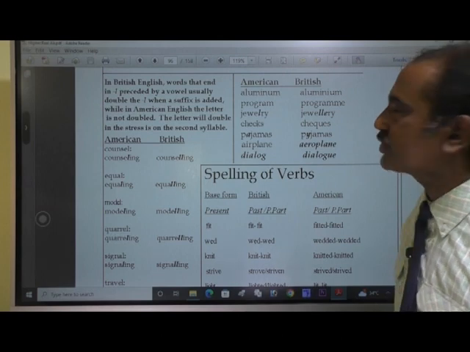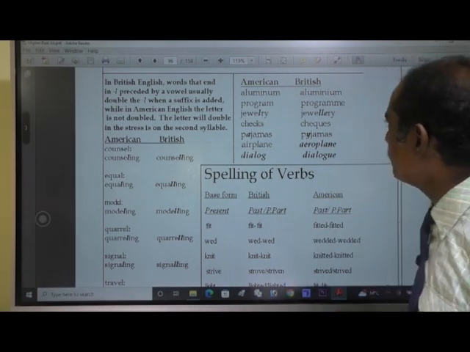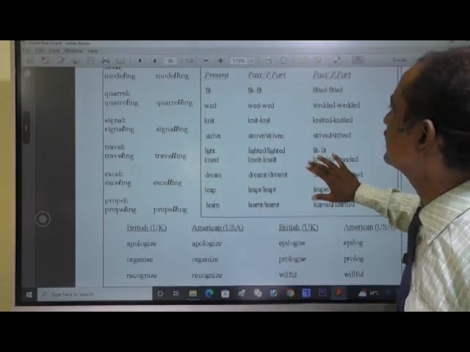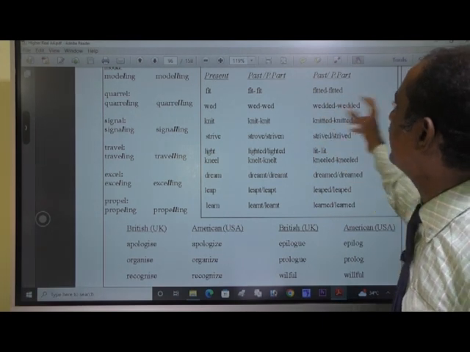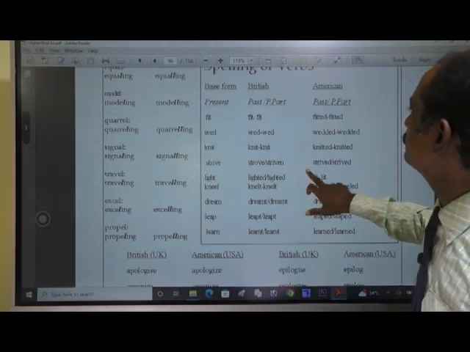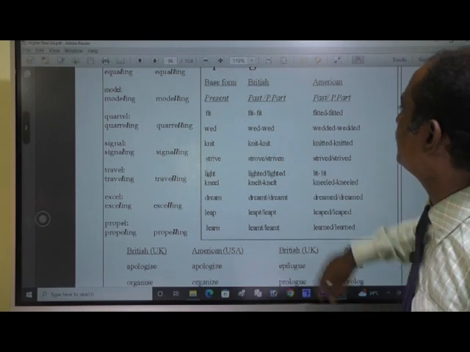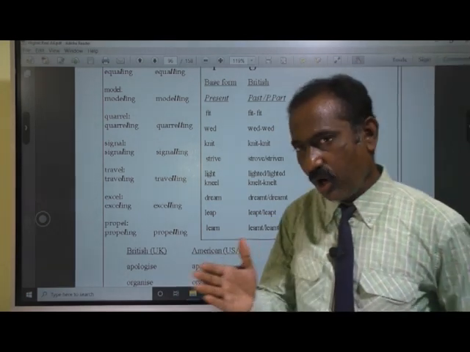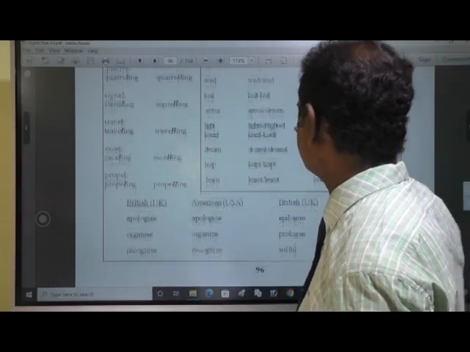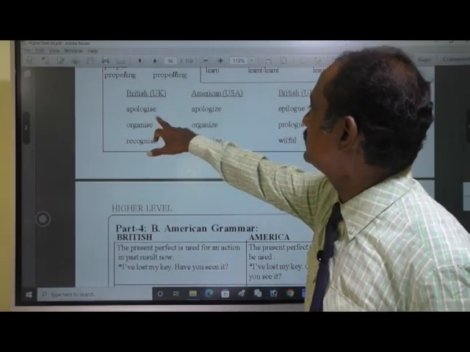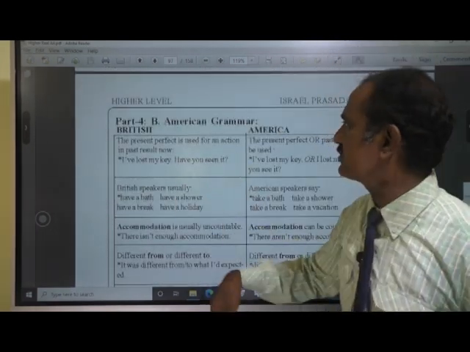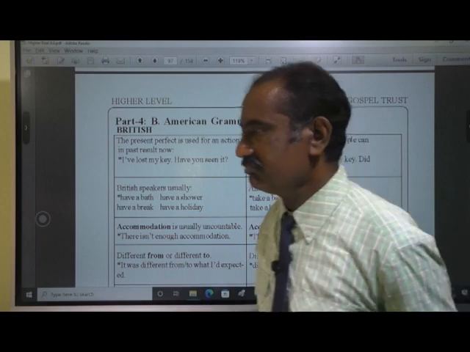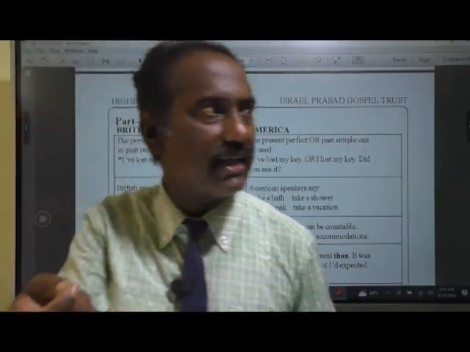Jewelry, Americans use a single L; jewellery, Britishers use a double L. Fit is British, fitted is American, in conjugation of verbs. Apologize and apologise, so many things in coming days. American grammar and British grammar have only a slight difference. There is no vast difference.